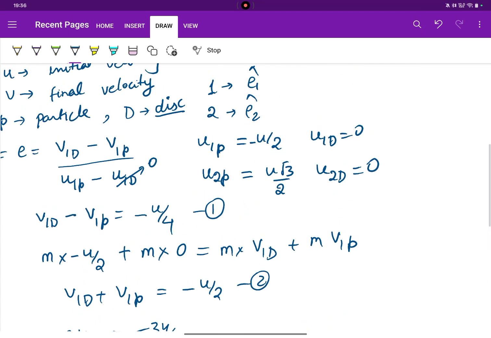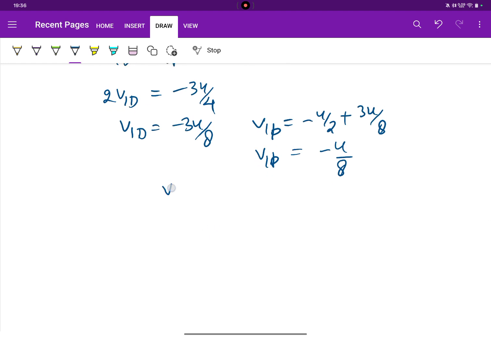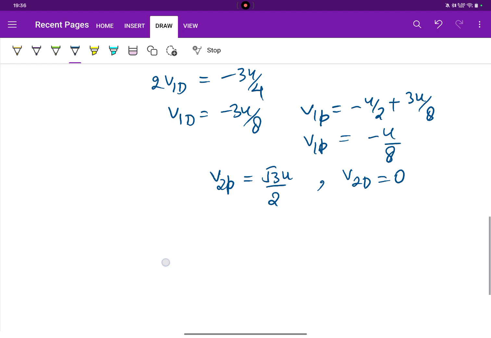No impulse is applied in the second direction, so what is v2p? See, the final velocity in the e2 cap direction for the particle remains the same, root 3u by 2. And v2d again remains the same. Velocities remain the same. Fine.